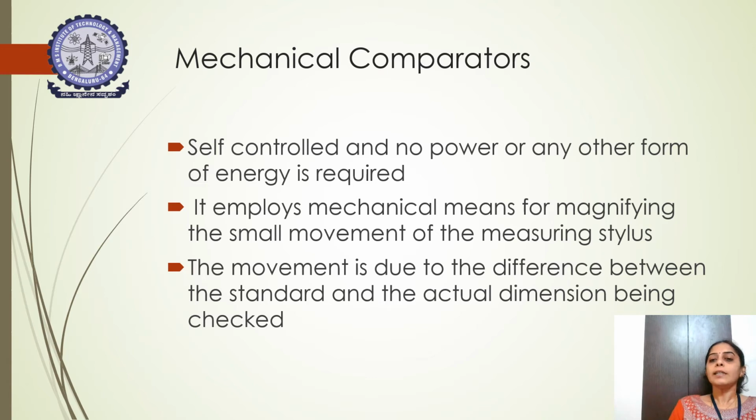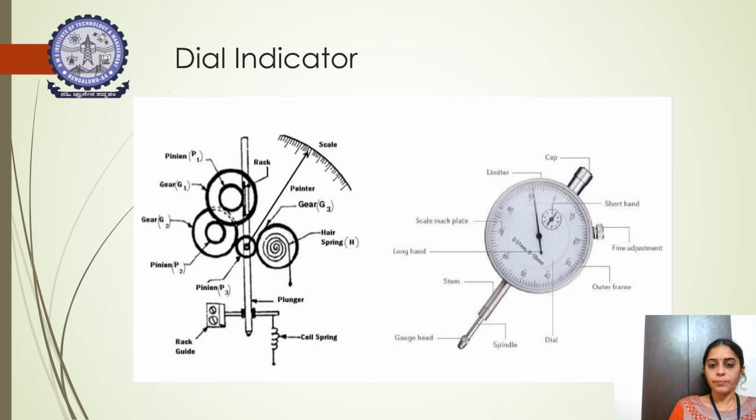The dial indicator can come down or go above due to the variation in the dimension of the workpiece. This small movement will help us, as a mechanical means, to show the deviation in the dial indicator either towards the positive or towards the negative.